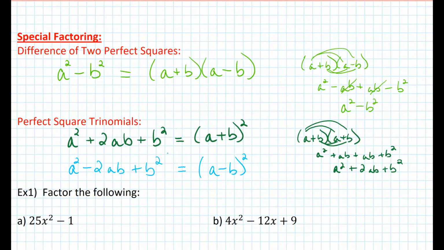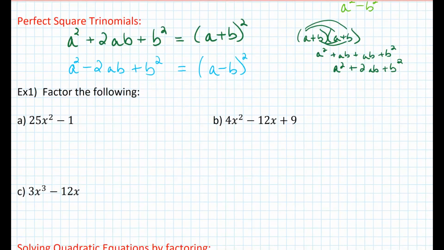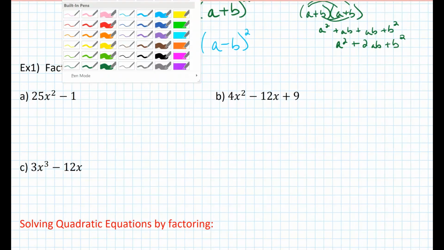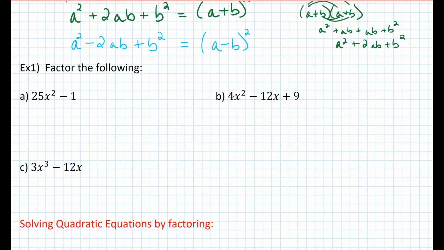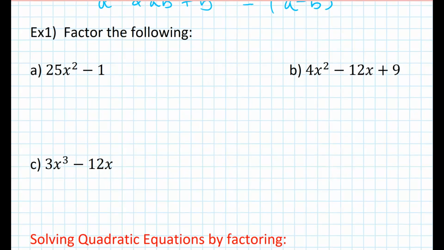Okay, so let's go ahead and apply those. We've got our first example here, 25x squared minus 1. Okay. So first thing I want to notice is there's only two terms. There is a subtraction happening. And then what do we notice about those two terms?